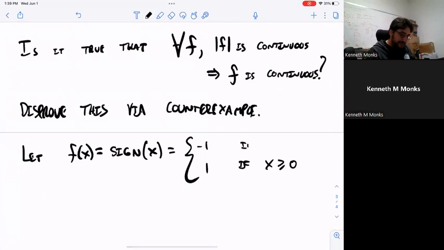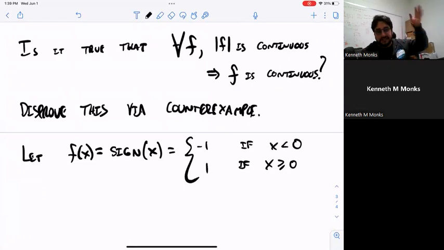You have to decide where to put that endpoint, and it's -1 if x is less than 0. So I'm going to lump 0 in with the positives. So it's a slight tweak on how sign is sometimes defined. Sometimes 0 is its own case. But basically, just strip off the sign of x, right? Call it +1 if x was a positive number, and call it -1 if x was a negative number.